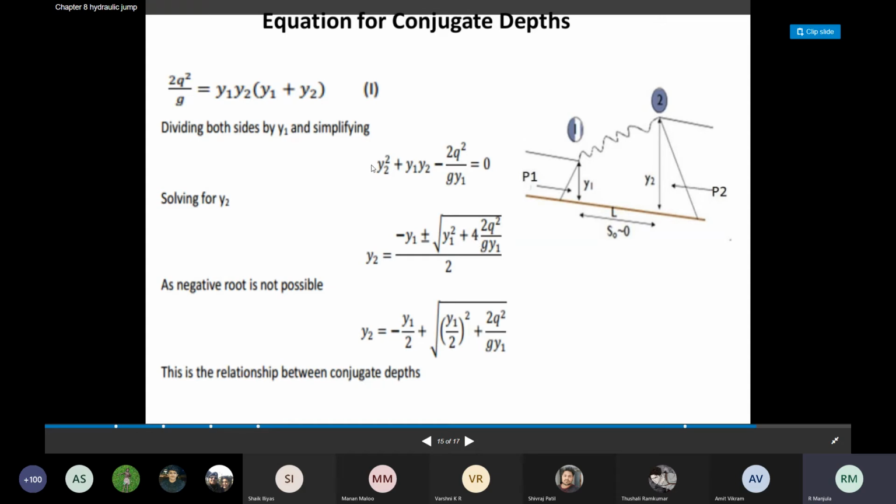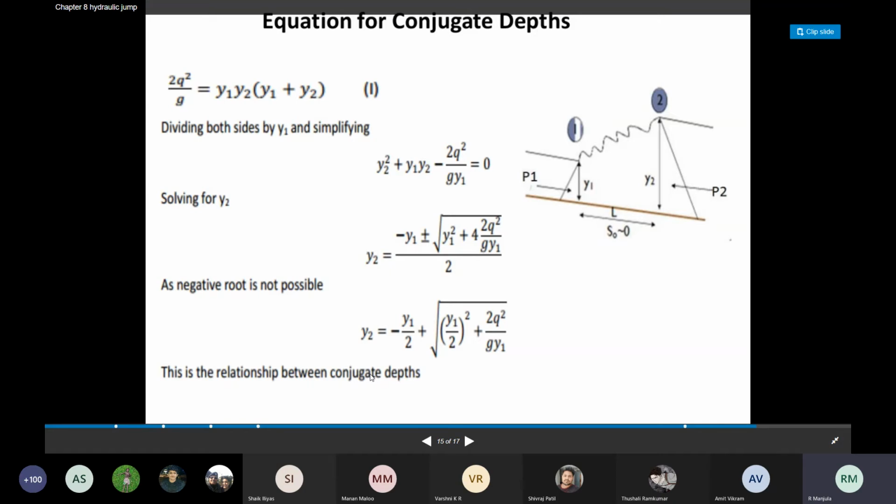So 4 into a, which is 1, multiplied by c, where c is nothing but 2q square divided by g into y1, divided by 2a. A is again 1, hence it will be only 2. Now as the negative root is not possible, I am neglecting the negative root and only taking the positive root. So minus y1 by 2 plus square root of y1 by 2 the whole square plus 2q square by g y1. I am simplifying this component.